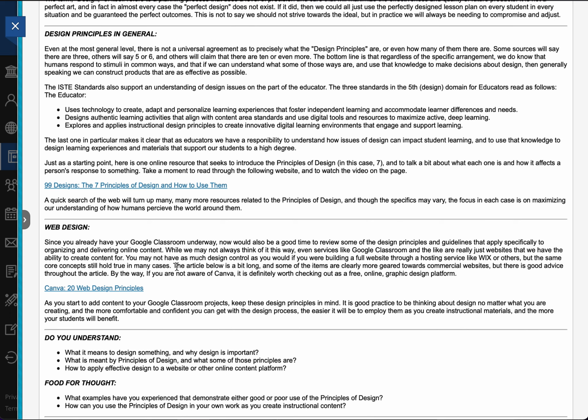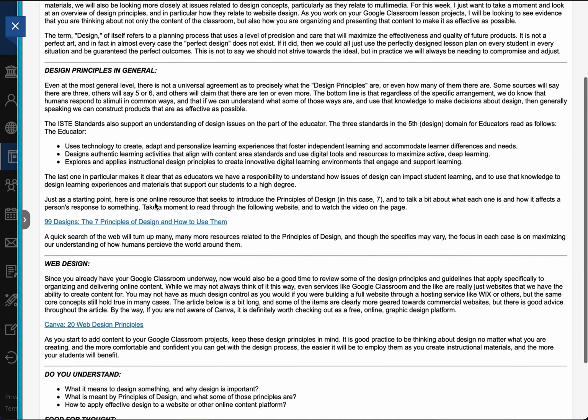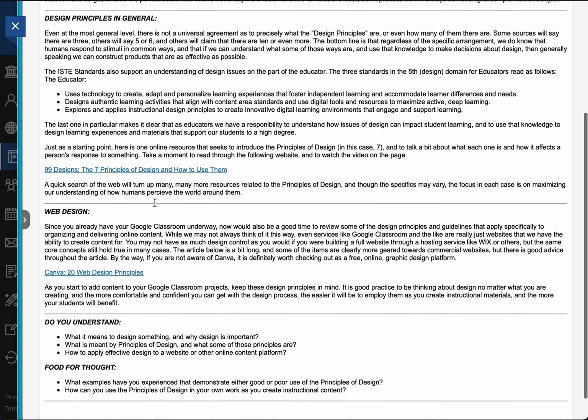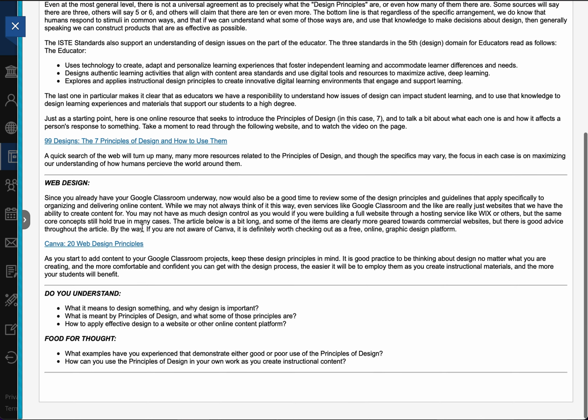And it's important as a teacher that when you're putting information together visually, whether it's a handout or an assignment or a project, that you're doing it in a way that supports student understanding, that they will be able to look at the thing you've created and understand what it is you're trying to convey through it. So it's good to know what the design principles are in general and some of the specifics.